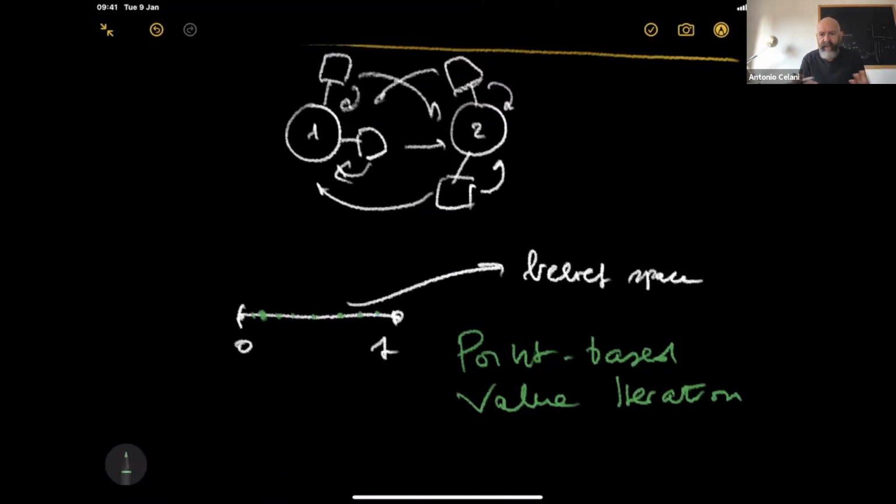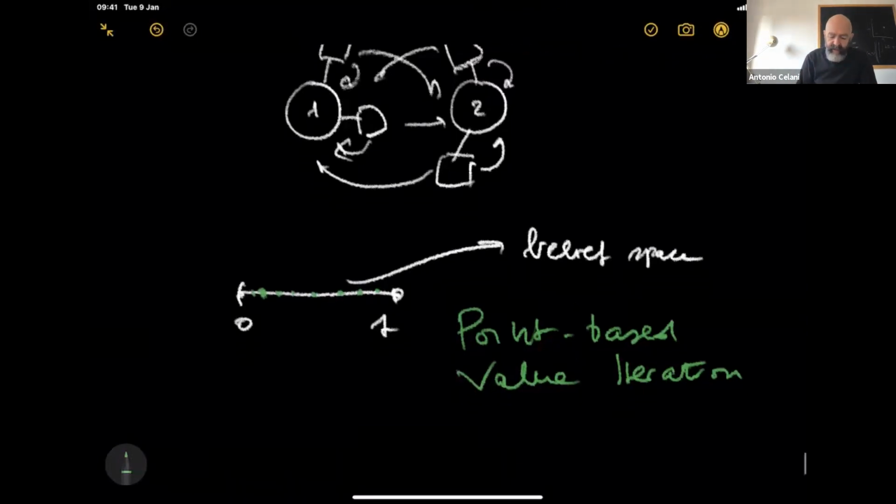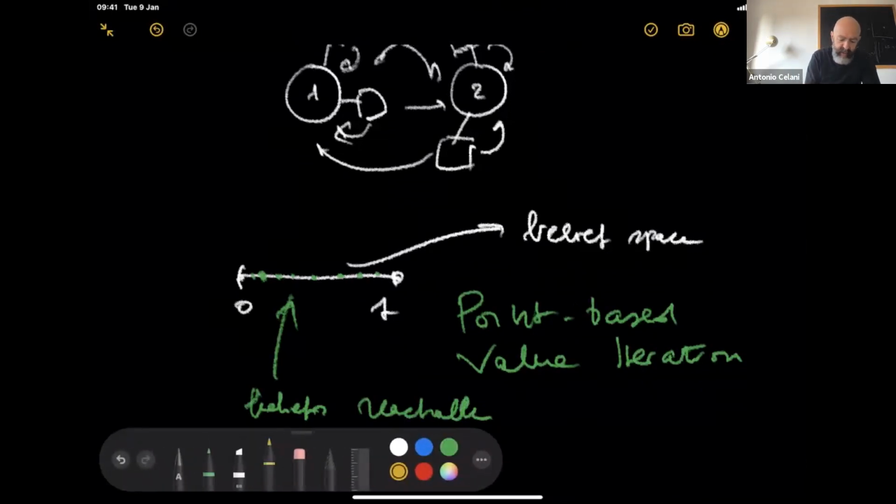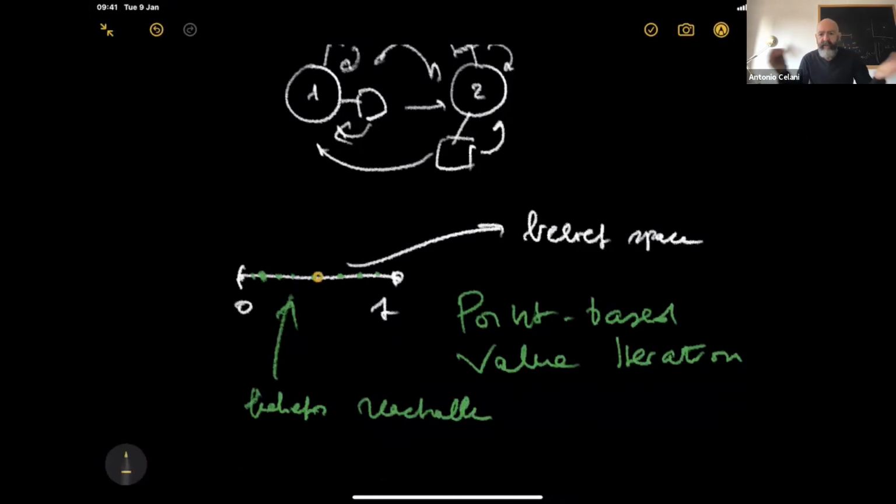So in order to have a manageable set of beliefs, of course, these beliefs that you choose must be reachable. This means that if you start from your initial belief, which might be, for instance, 1/2, 1/2, if you have a 50% prior on where you are in space, given the states and observations, you must reach one of those beliefs in the set.